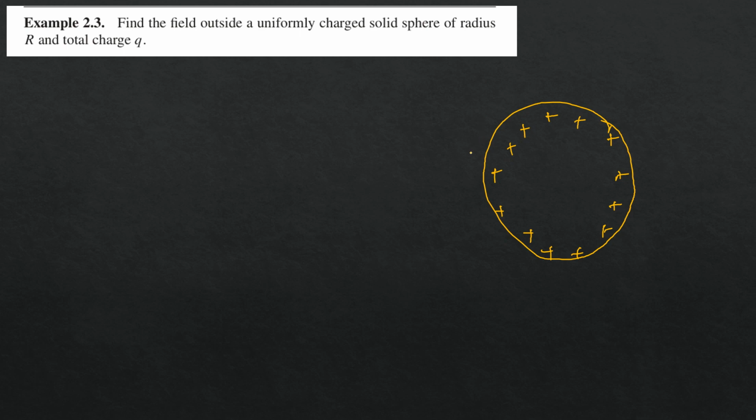So the field outside a uniformly charged solid sphere of radius r, with charge q. We have to find the electric field. How to find this electric field here? Let's think about it a bit.